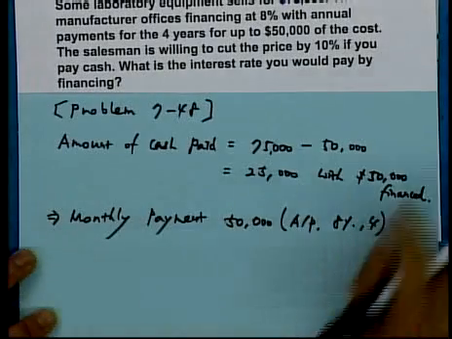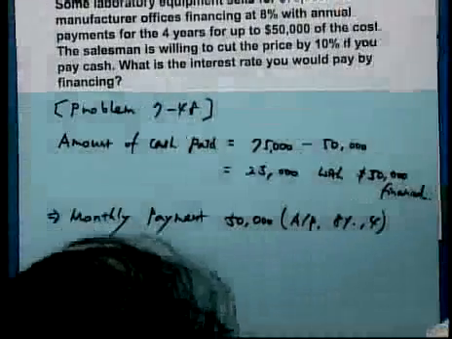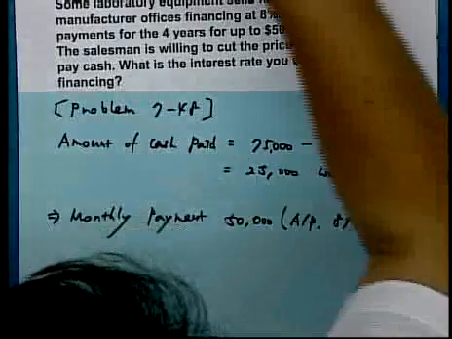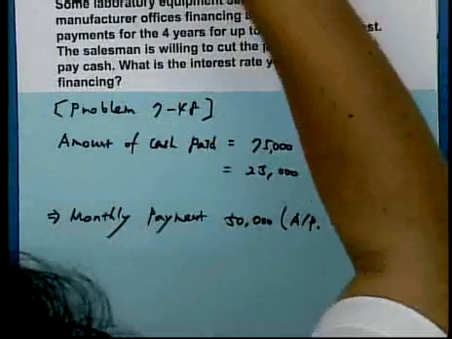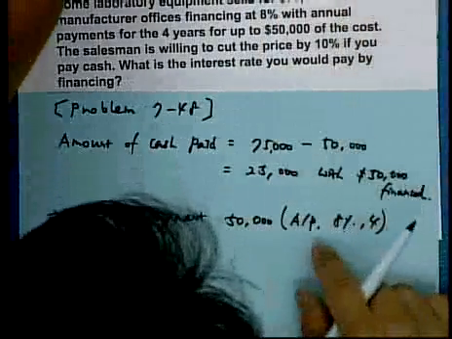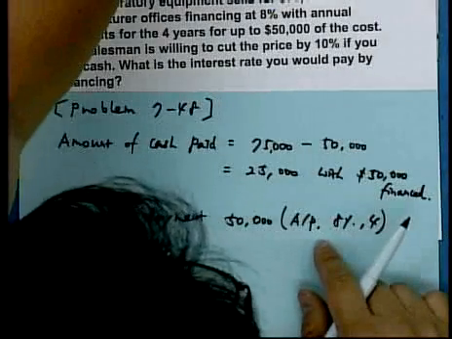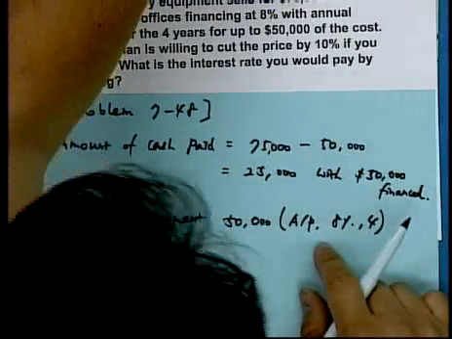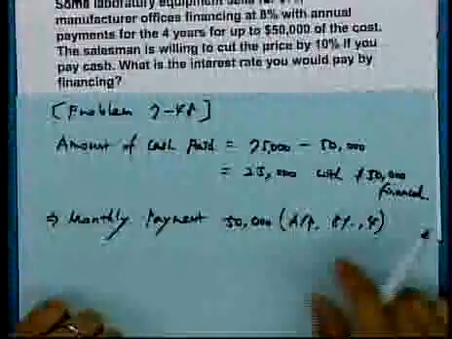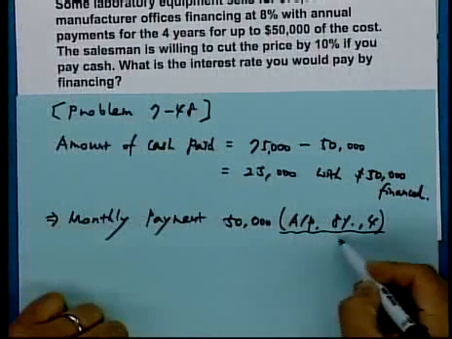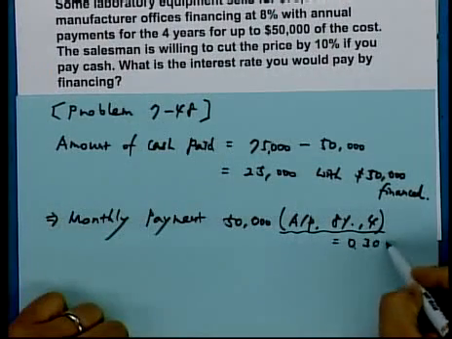So what is this table value? A given P over 4 periods at 8% is 0.3019.